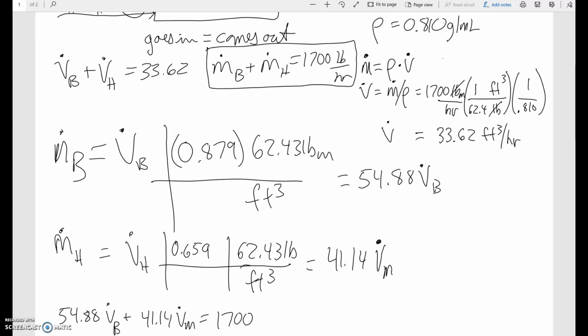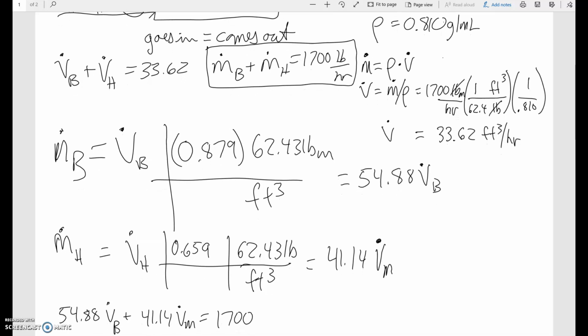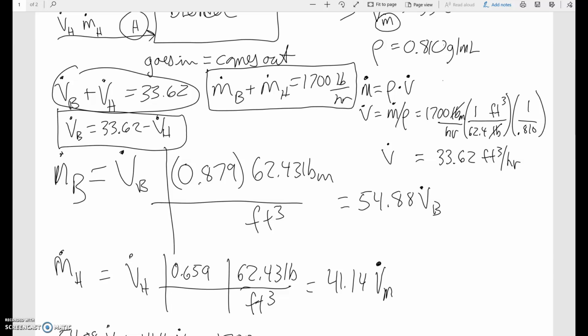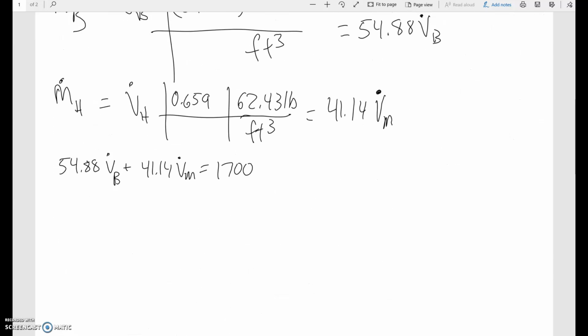Let's see here. My VB dot is really just, 33.62, so I'm going to say VB dot is equal to 33.62 minus VH dot. And that comes just by rearranging this formula here. So I'm going to take this formula here and plug it in right here.